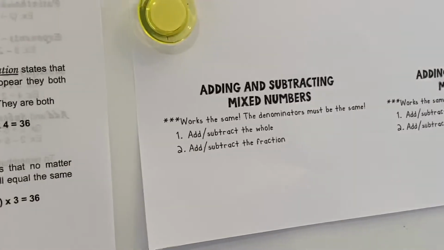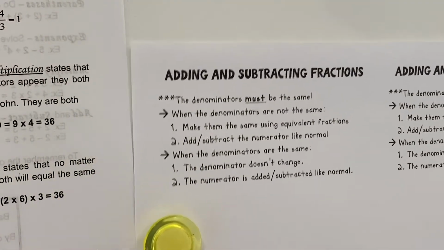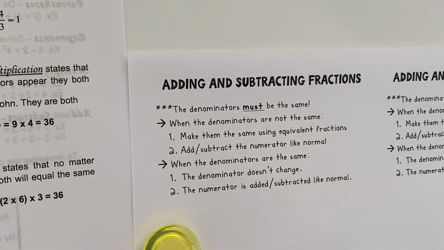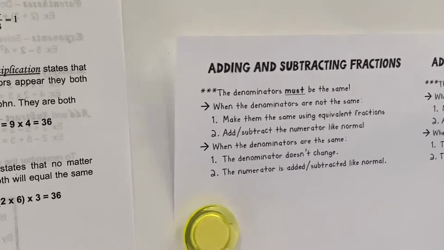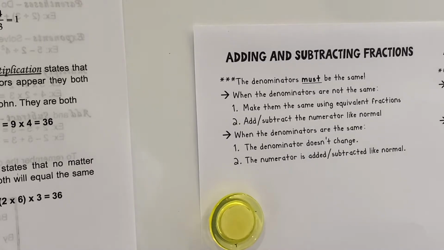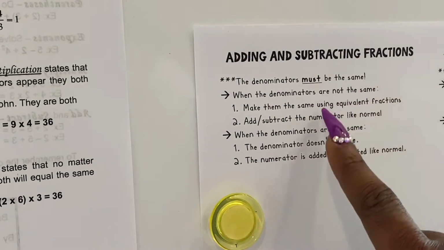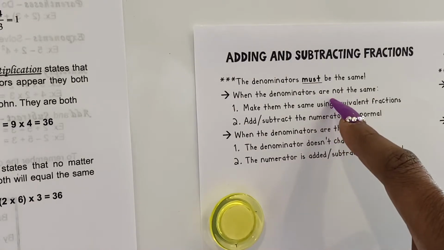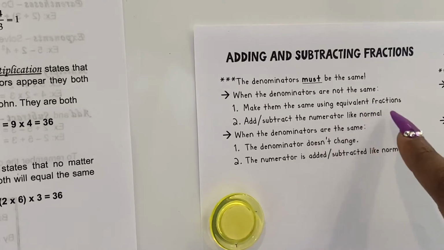So we're going to move over. Remember, I said this is nothing new. This is just review. So I'm going to move over here, and we're going to look at adding and subtracting fractions. When adding and subtracting fractions, the denominator must be the same. When the denominators are not the same, the first thing you need to do is make them the same using equivalent fractions.